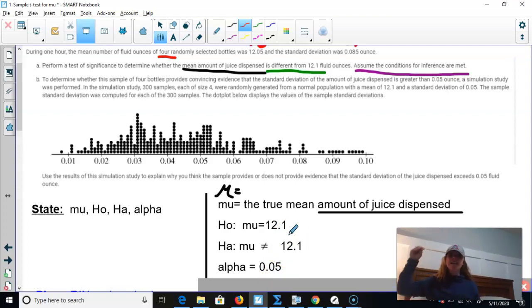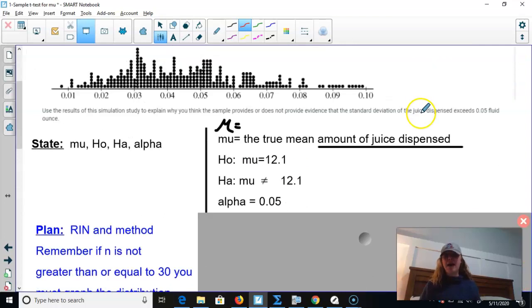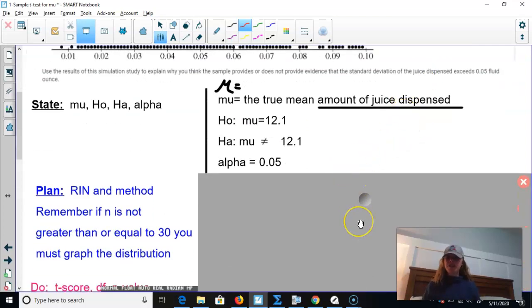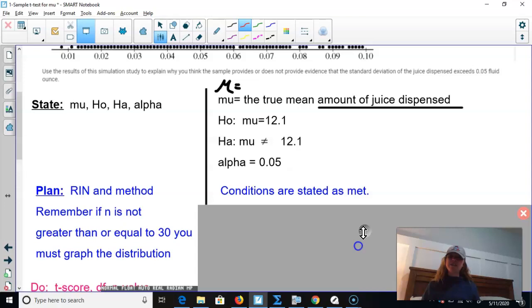Next, our plan. Our plan is our conditions. We're going for a RIN, and then we need a method. I talked about the RIN, what you need, in yesterday's notes. Please look at that. I am not going to talk about RIN today, because we're jumping for joy: the problem says the conditions are met. The catch is that we have to actually state that the conditions are stated as met.